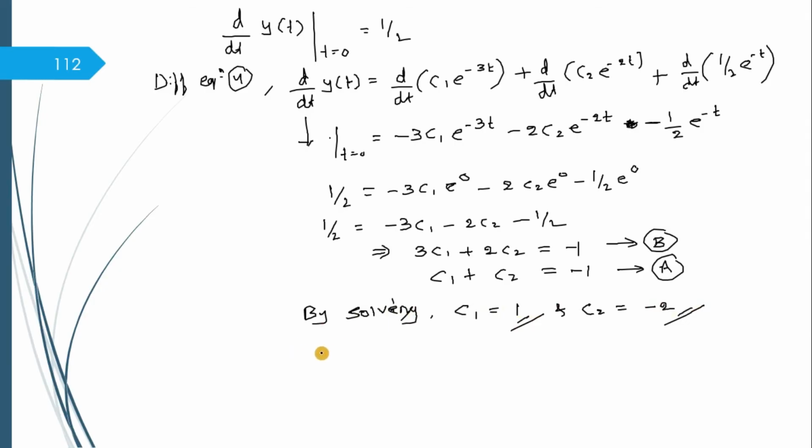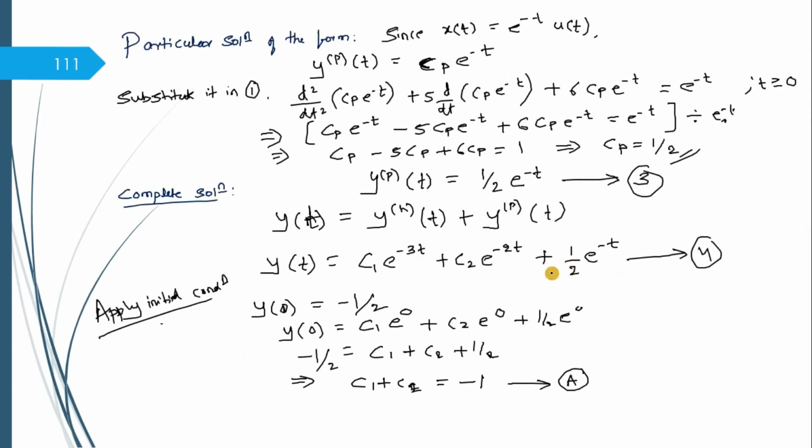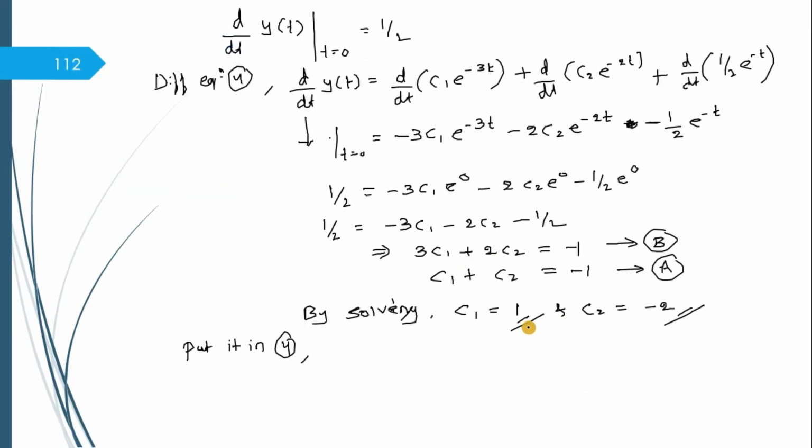Now put it in the complete solution, equation 4, if I'm not wrong. Yes. In place of C1, C2, you put these values. So y of t is equal to e raised to minus 3t, and in place of C2 I write minus 2, e raised to minus 2t, plus 1 by 2 e raised to minus t.